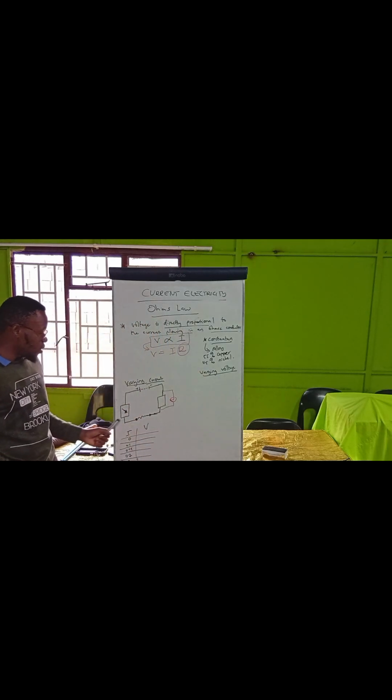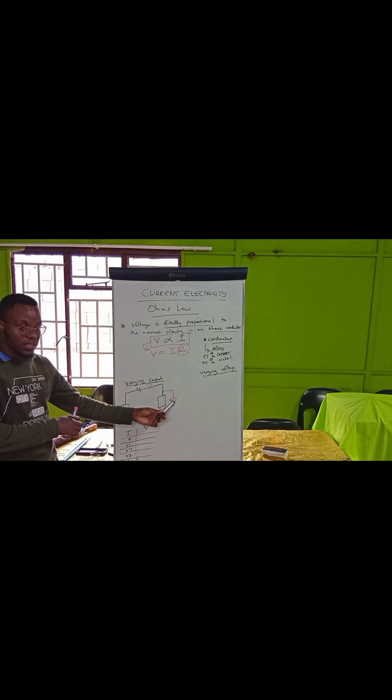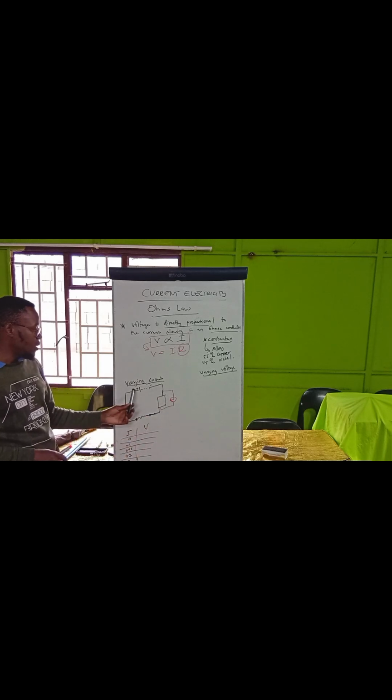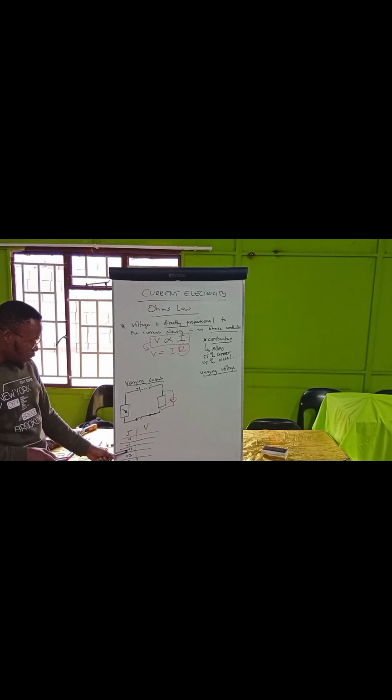The only change that you are making is the amount of current that is flowing. So when the current is 0, when there is no flow, obviously you have 0. And then you will control the variable resistor so that it has a current flowing of 0.1, and then you would register the corresponding voltage as read by the voltmeter. And again, you do the same for 0.15 current, 0.2, and 0.3. Then you would record his results.